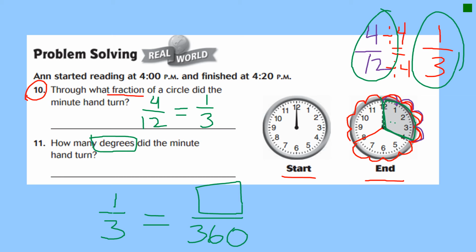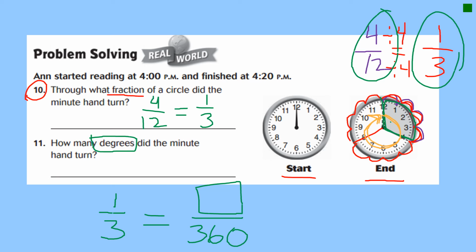Okay, guys, so if this circle all the way around is 360 degrees, how many degrees are in 1/3 of the circle? So that's basically separating 360 degrees into 3 equal parts.